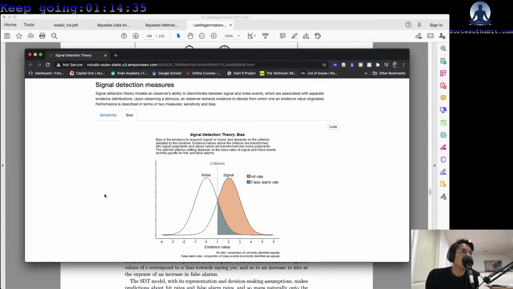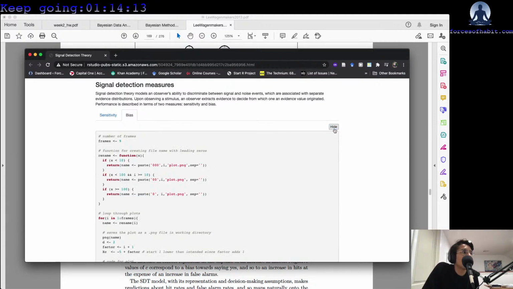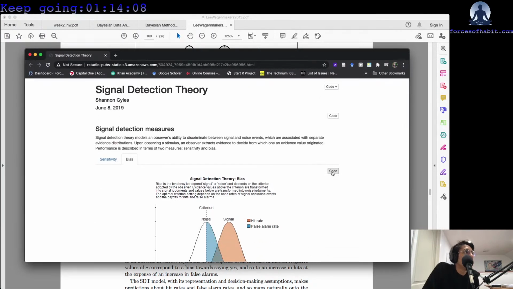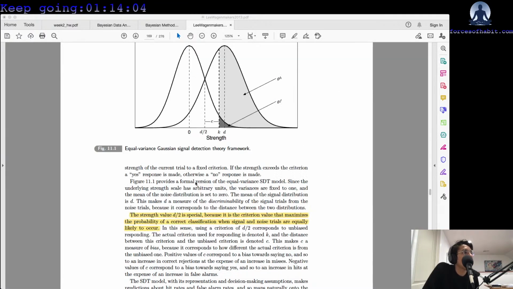Though as the criterion moves, so as K moves from D over 2, we can see it could either increase the hit rates, the probability of hit rates, or decrease the false alarm rates. So very cool. Very cool. It's like a nice shiny app I found.